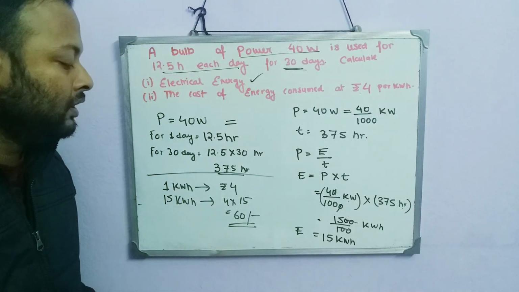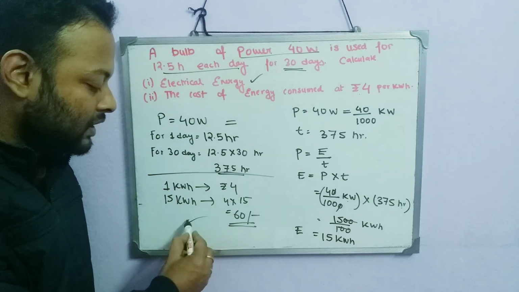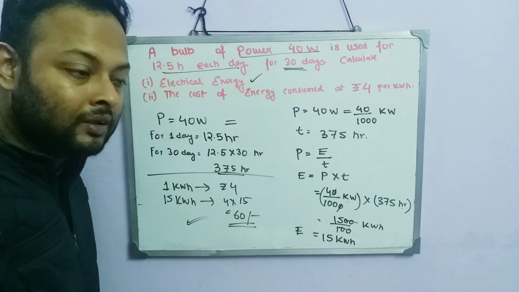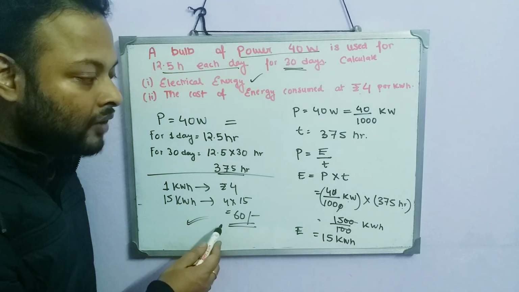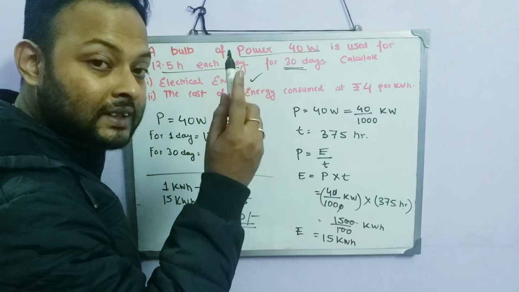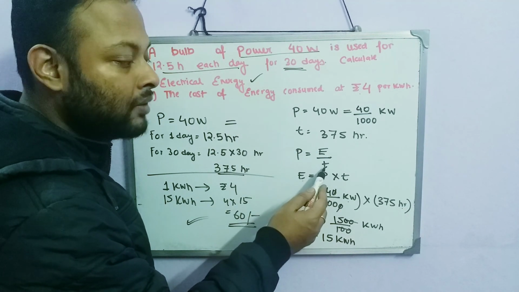So I hope you understood this sum. You can see over here I have just used the unitary method, which we use in class 5 and 6. And to get the value of energy I have used a class 8 concept. Power is equal to work done by time, and work done is nothing but energy.